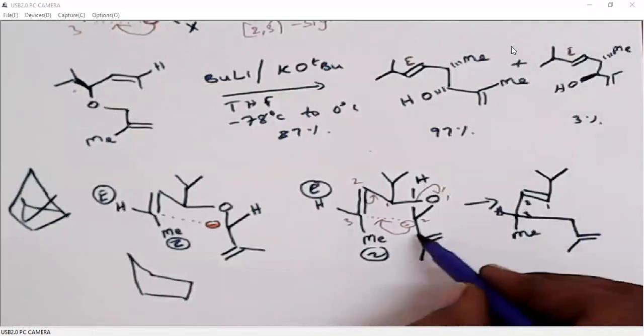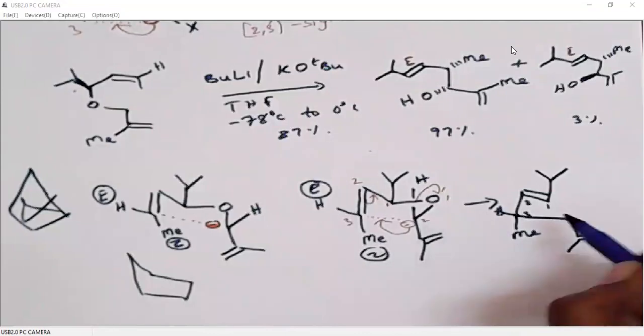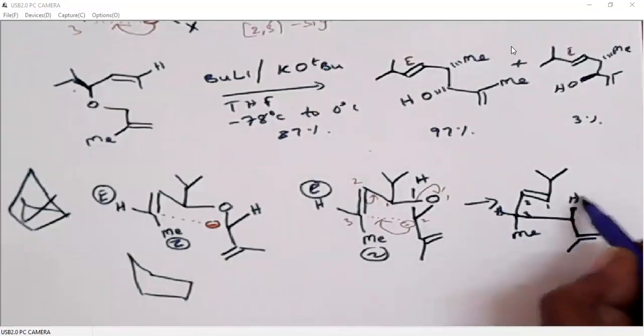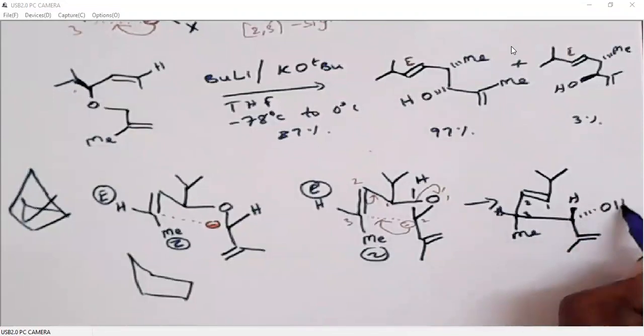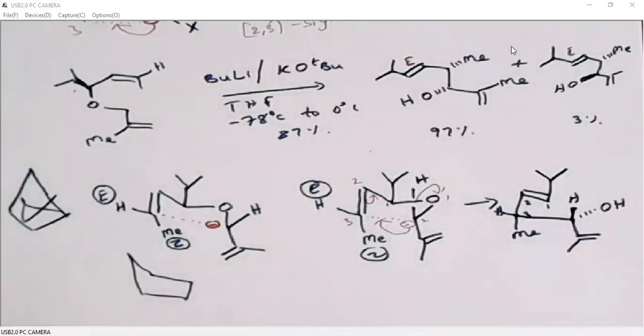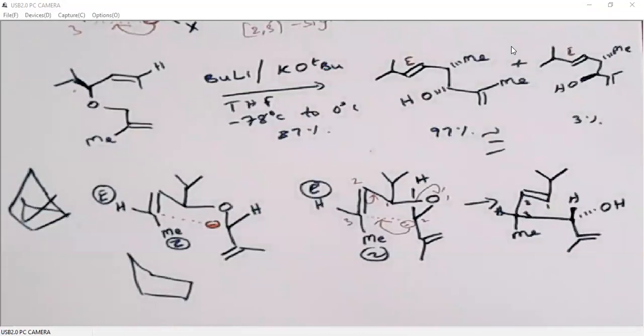Of course, we have placed it below the plane, but when we are writing, it must be in the plane. Then hydrogen, which is above the plane, oxygen is away from the observer, so it is below the plane. So this is how we need to write it. When you write it, then you can convert into this form.